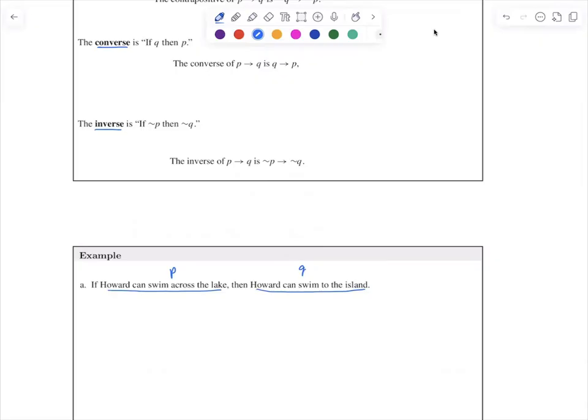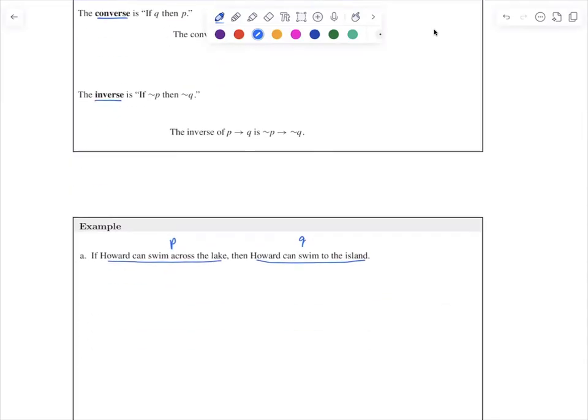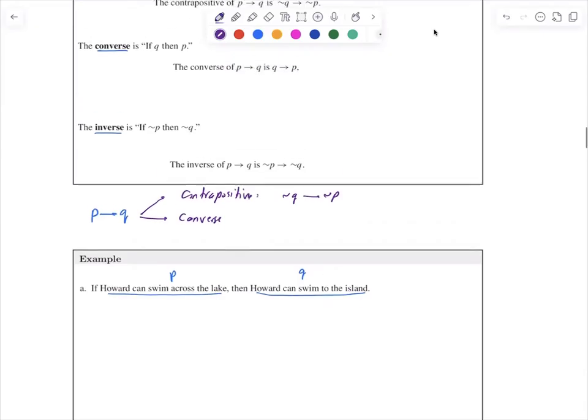So for example, I try to write down the contrapositive of this statement. Remember that if you have P, then Q, you get the contrapositive, which is not Q, then not P. You can also write down the converse, which by definition is Q, then P, and you also have the inverse, which is written as not P, then not Q.